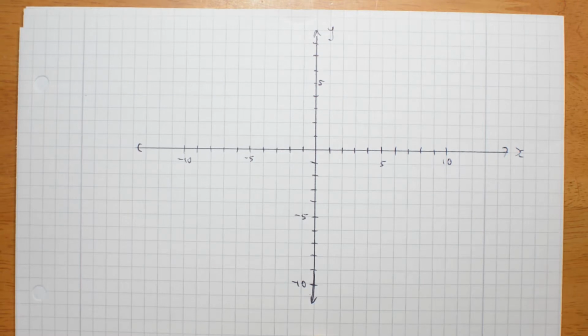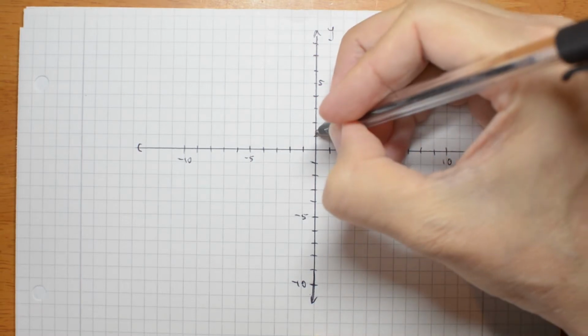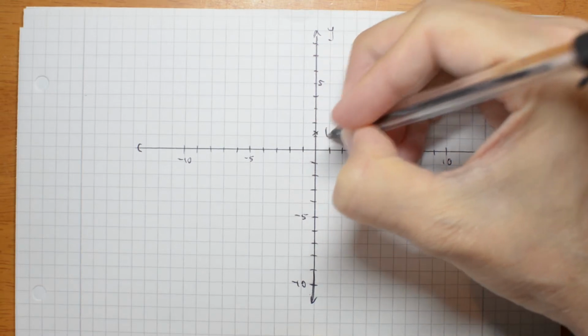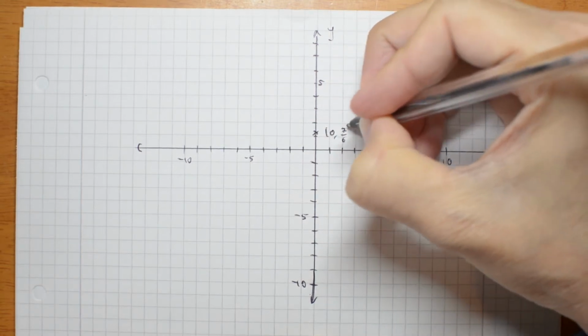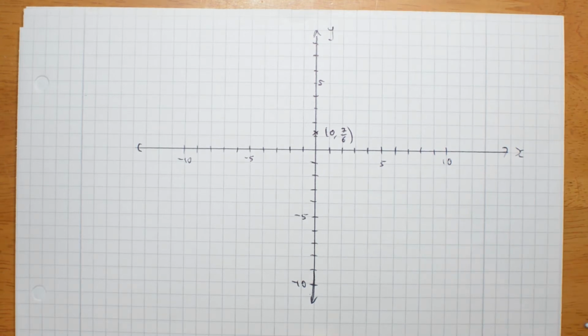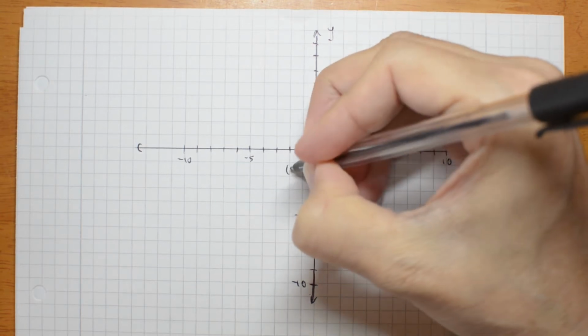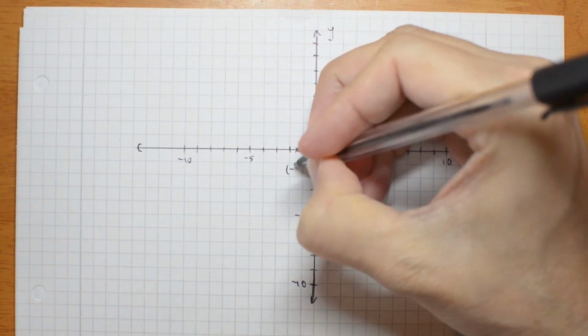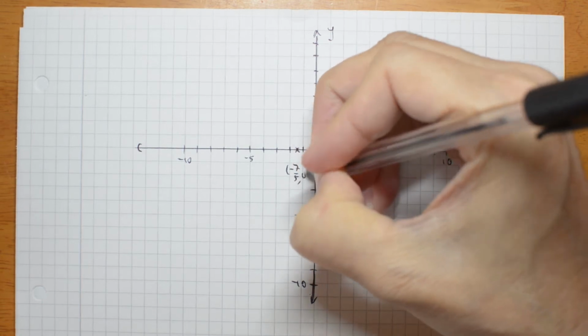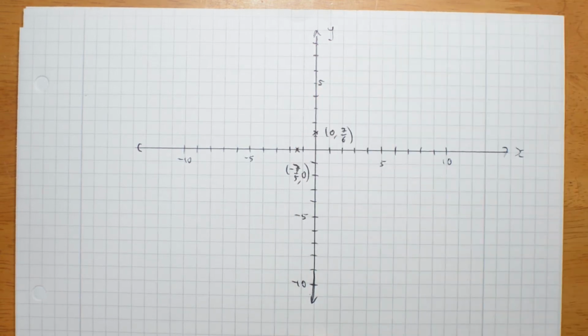Okay, what do we know? Y-intercept is 7 on 6, just over 1, 0, 7 on 6. The x-intercept was negative 7 on 5, 0. All right, let's draw in the asymptotes. Use different colours as usual so we can see what's going on.